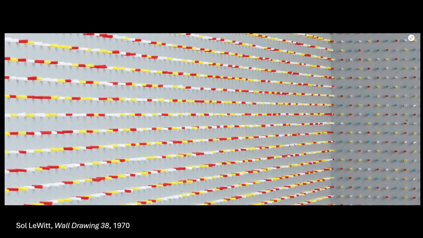And one wing that they have is devoted to an artist named Sol LeWitt. Sol LeWitt was not the person who actually physically created the artworks there, but he left behind instructions for how the artworks were to be created. So for example, he might say, okay, make 10,000 little rolls of paper, and on this wall, randomly pull out red, yellow, and white pieces of paper and curl them up, put them into these holes.